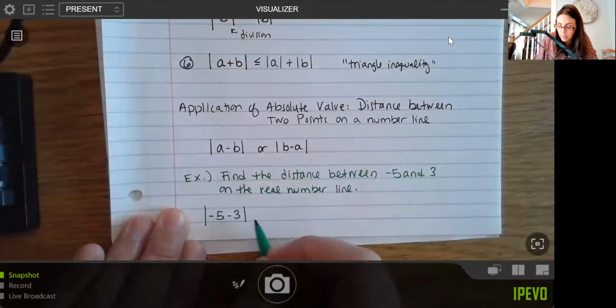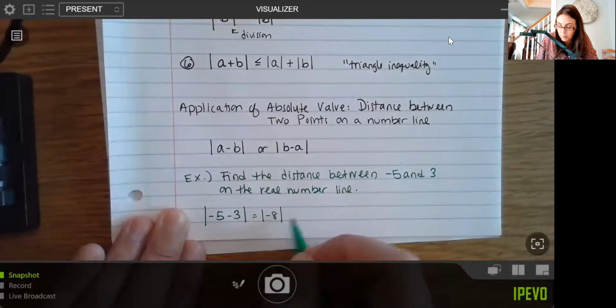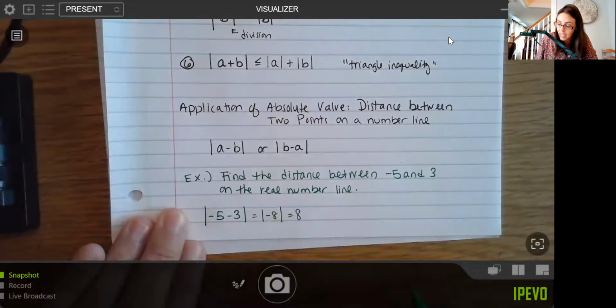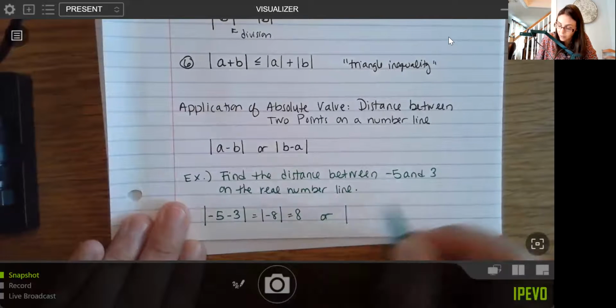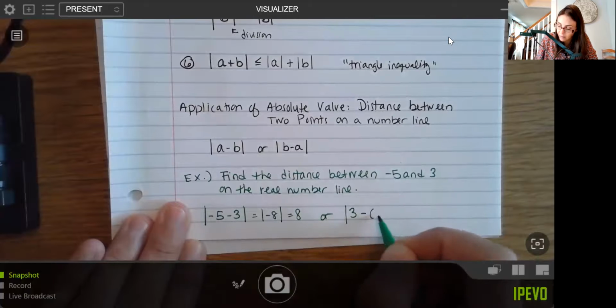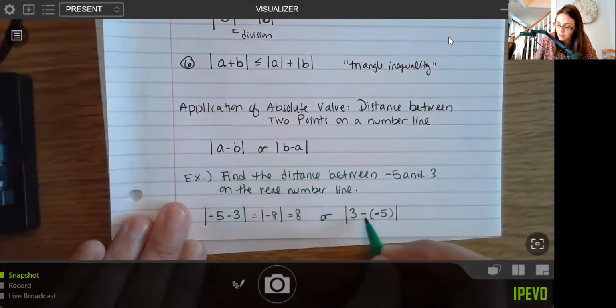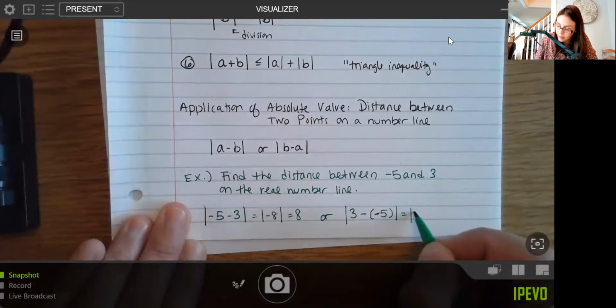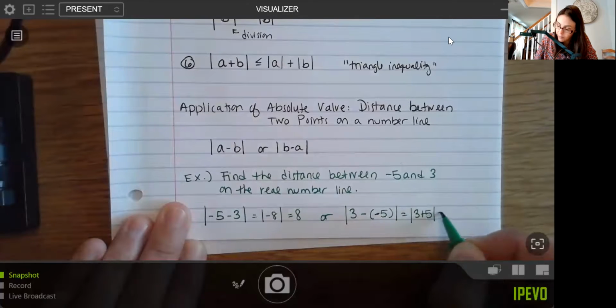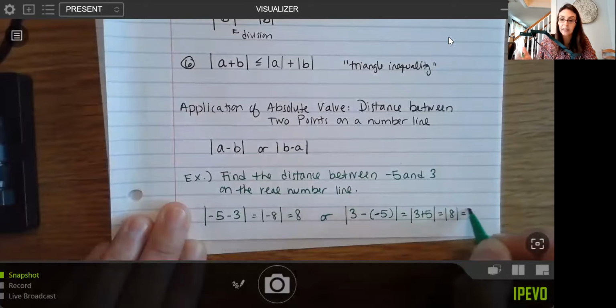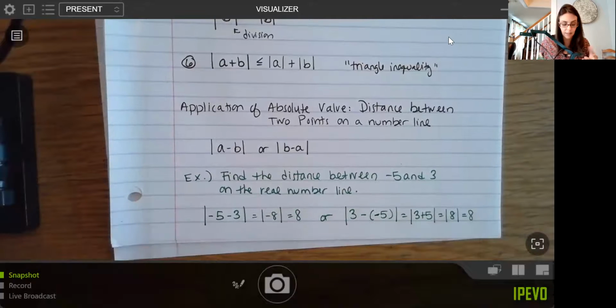Well, -5 minus 3 is -8, and the absolute value of that is 8. If I did it the other way and did the 3 first, and then I subtract the -5, again, just be careful, you're subtracting a negative. Well, these two negatives will cancel out and become positive, and then the absolute value of +8 is also 8. So you have that same distance there.